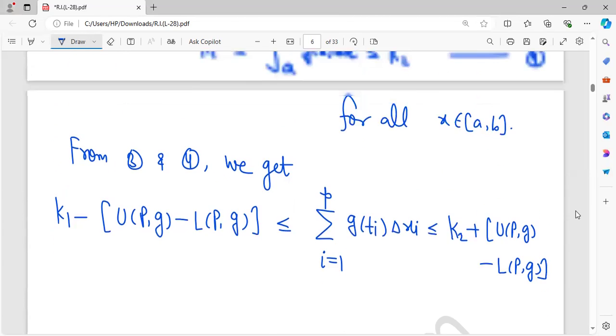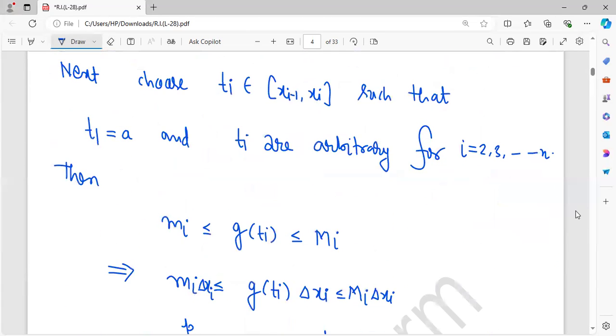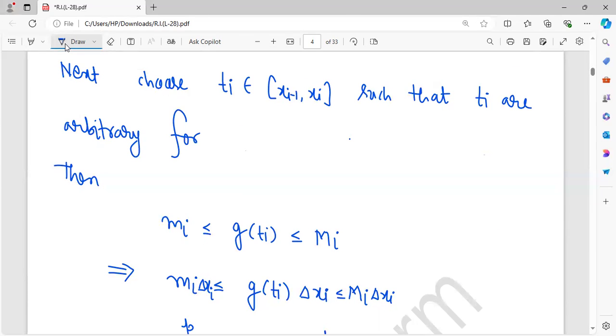So here above, I have taken t1 equal to a. That is not actually needed, such that ti are arbitrary for i going from 1 up to n.